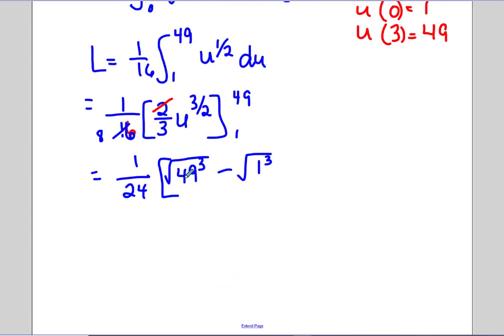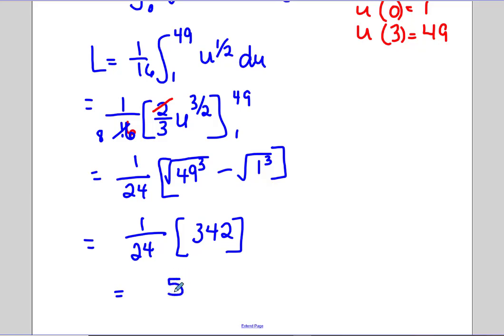So the square root of 49 is 7, cubed is 343, minus 1 is 342. So we got 342 over 24, or I believe 6 divides that, so 57 fourths. 57 fourths is the arc length from 0 to 3 on that curve.